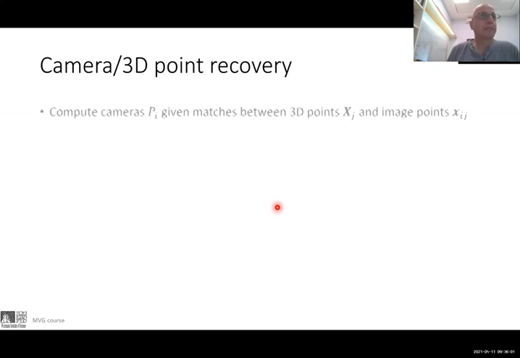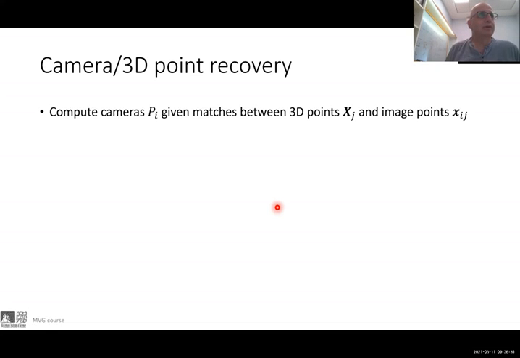So let's go back to these problems, which are of the same nature. We have some equations, and we want to minimize over errors, and the solution depends on the error model.